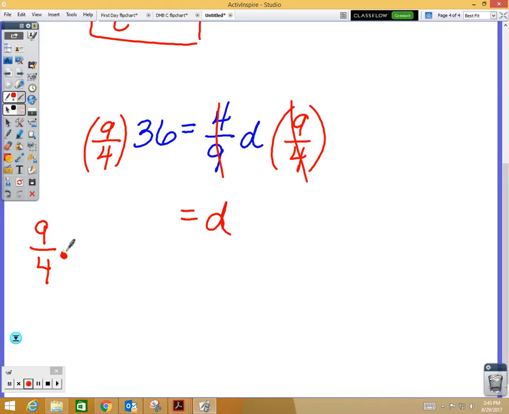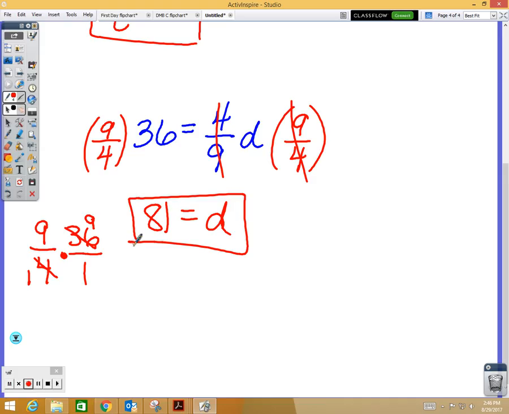It's okay if you need to write it out. I know it takes a little bit longer, but please don't get things wrong because you don't want to take the time to work it out. So 4 and 36 can both be divided by 4. So you end up with 81. 4/9 of 81 is 36.